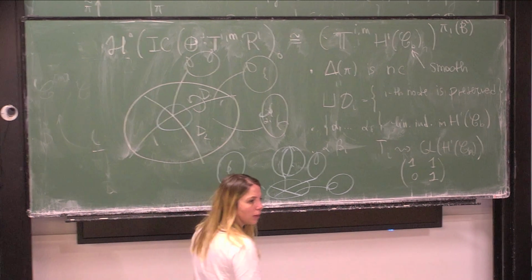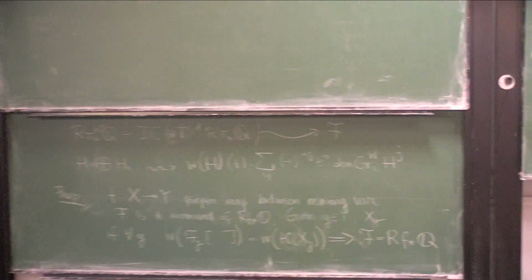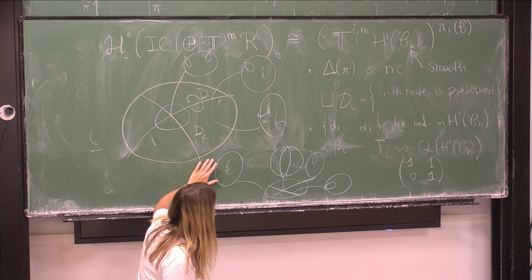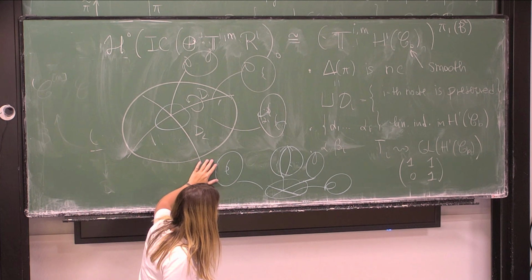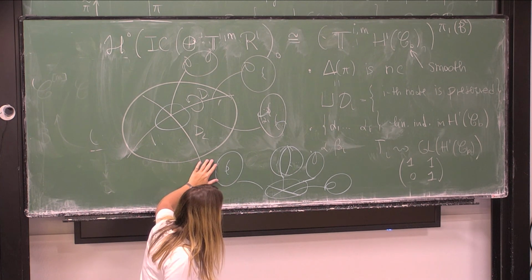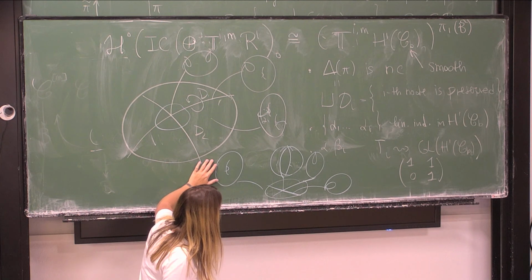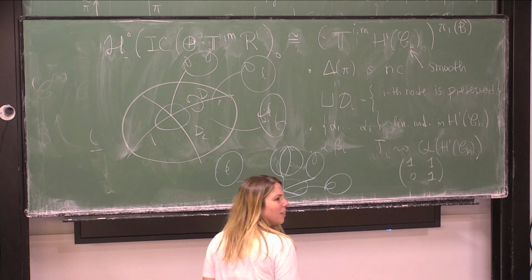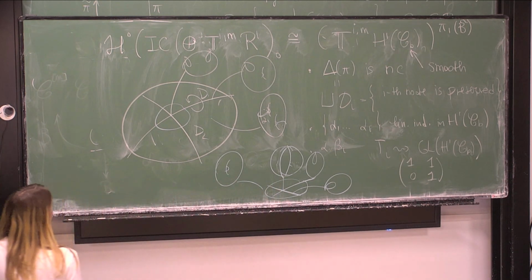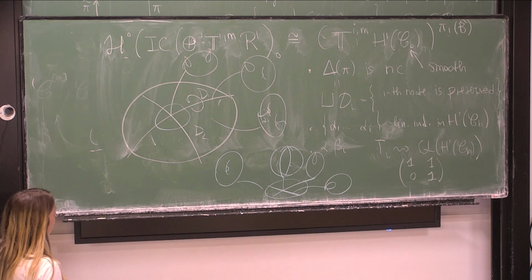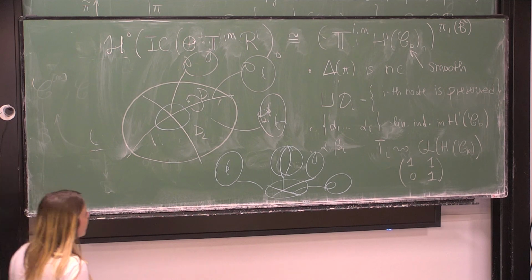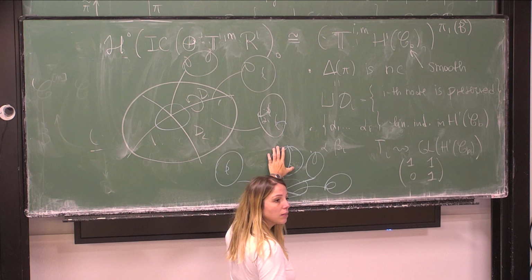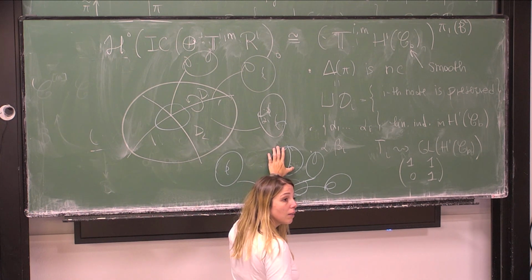I'll think about it, sorry. No, but you're right, it's a good question with probably a very, very easy answer. Now I'm just... Okay, now, but this one would have genus 2, right? Yes.